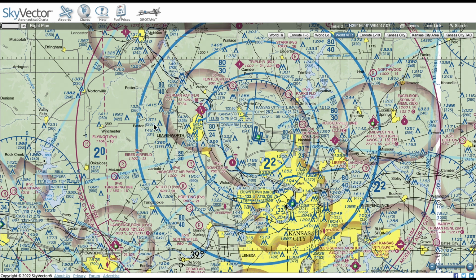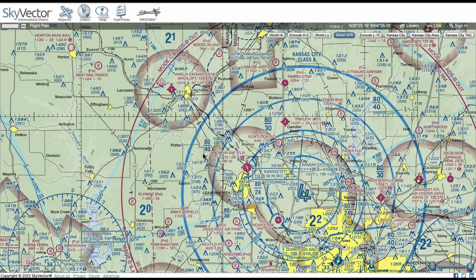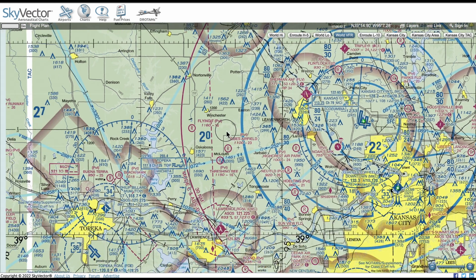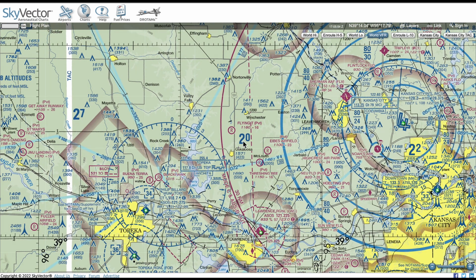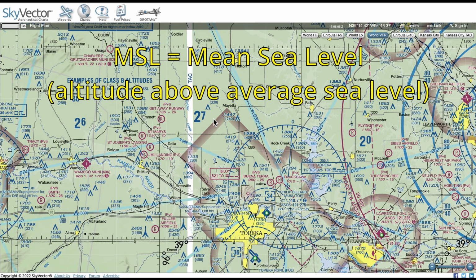But this is a chart that pilots use to do their flight planning. And these numbers here that you see, like 2720, these are indicating the highest obstacle in that area of the map. So 2,700 feet MSL, 2,600 feet MSL.